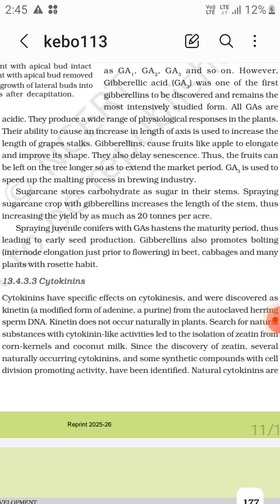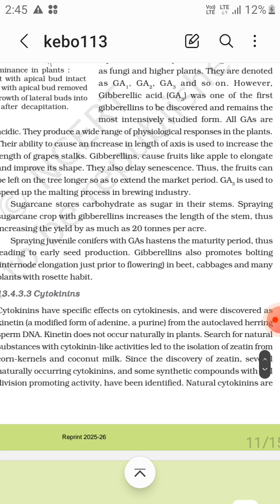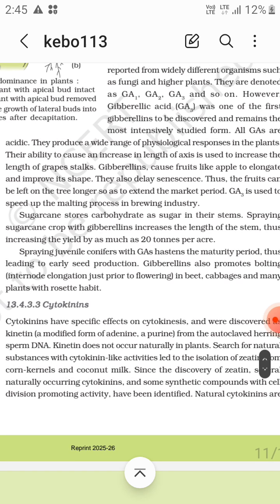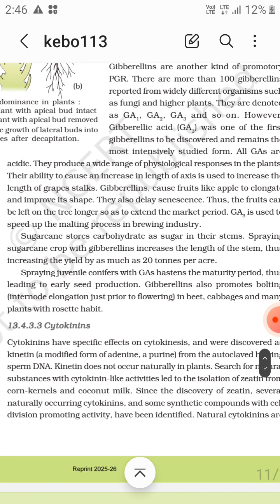Now gibberellins also promote bolting, that is internode elongation just prior to flowering, in beet, cabbage and many plants with rosette habit. So this is gibberellins. It promotes bolting and it speeds up the malting process.